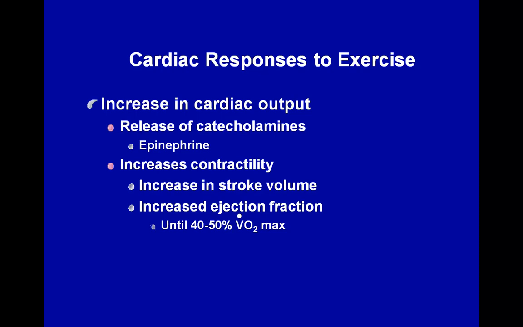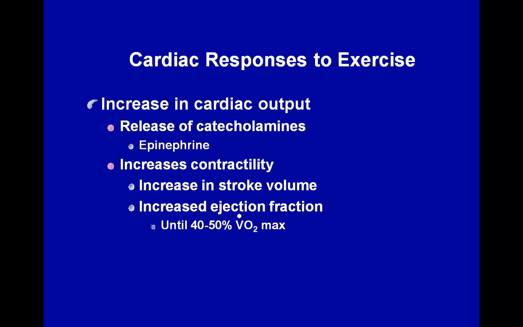So when we start to increase cardiac output, initially we're going to do that with an increase in stroke volume. We're going to have an increased ejection fraction, and that may go up into 70 or possibly in well-trained people 75%, so that there's only 25% of end diastolic volume remaining at the end of a stroke.